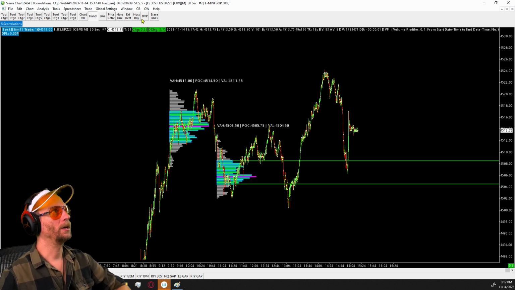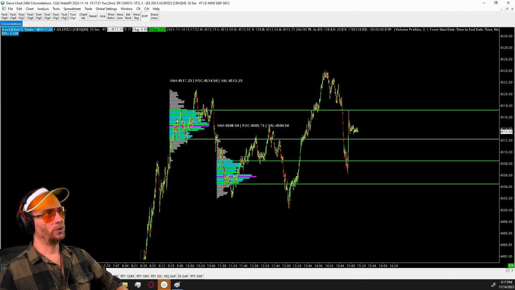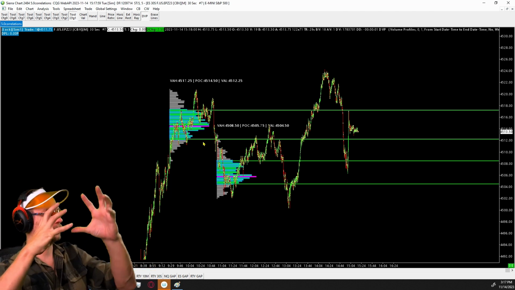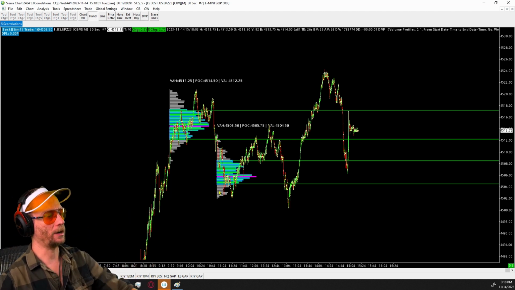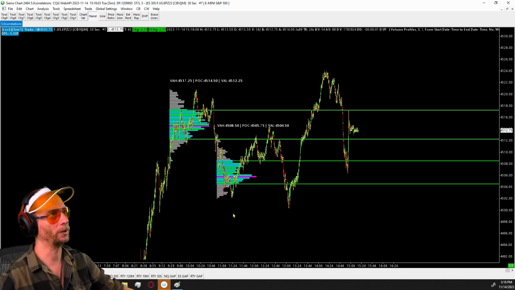So let me go ahead and erase that and bring in the one that actually has the lines. So essentially, this is what you're looking at, okay? But it's really hard to see that there is a low node because they're staggered, right? We just staggered the profiles, so it's really hard to see there's a low node between those.